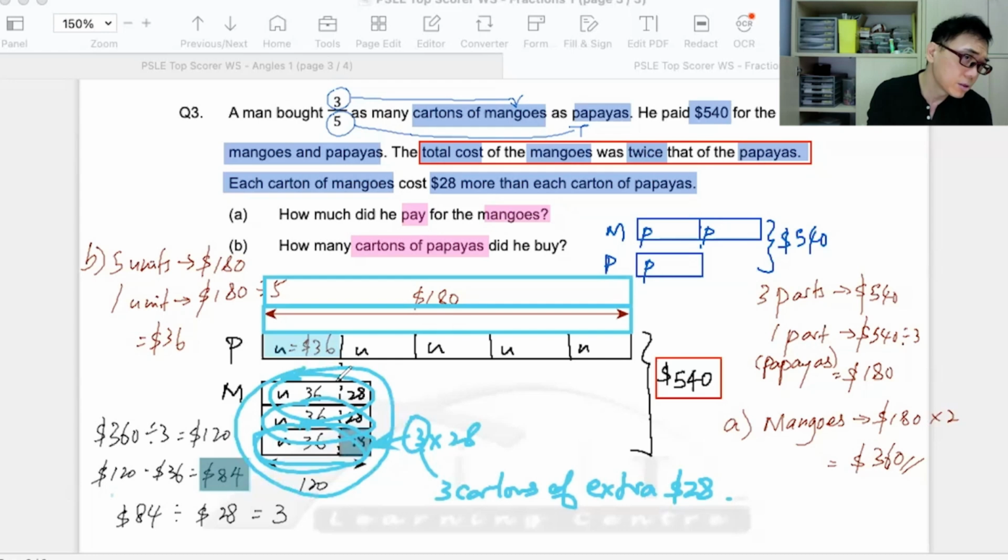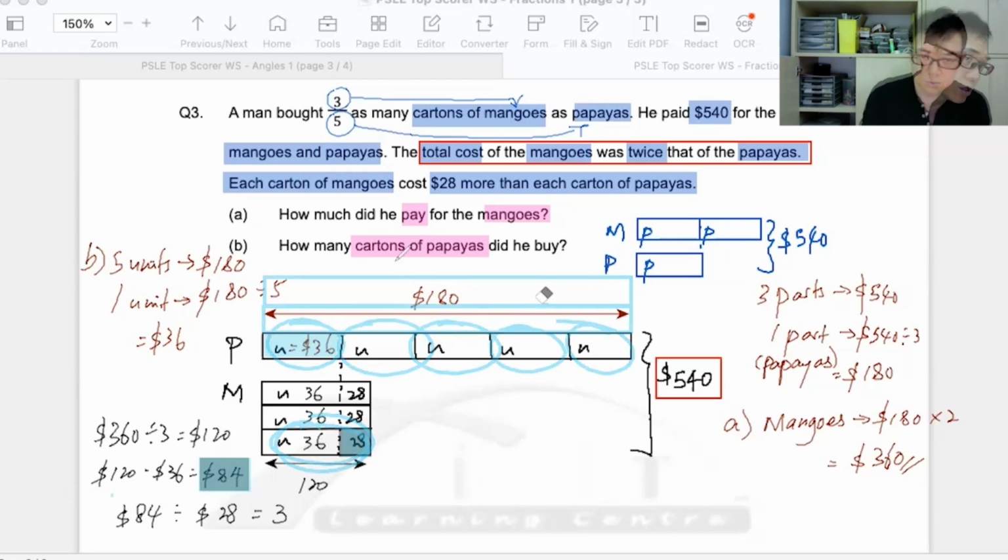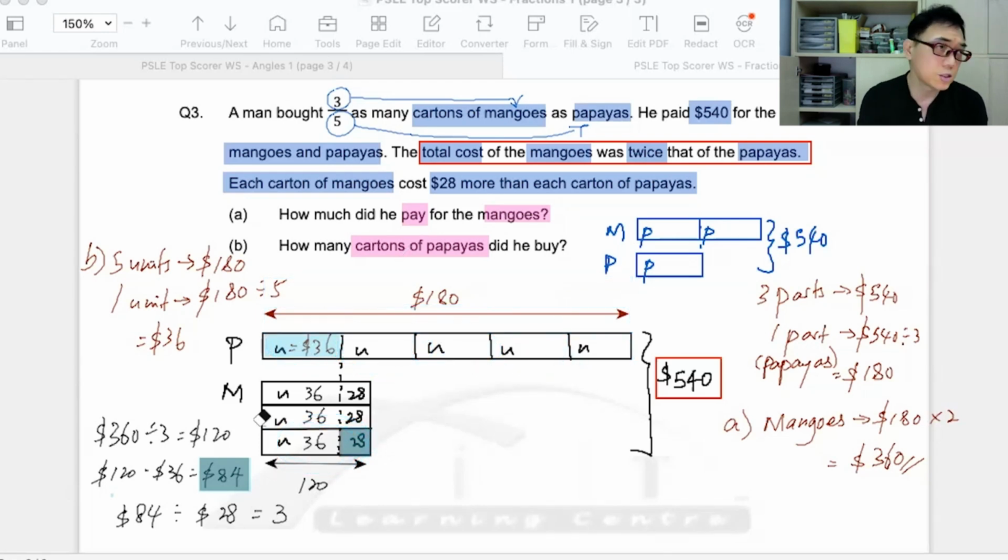Do you understand that? But you cannot just simply say, Varun, that, hey, I'm going to consider this to be 3 cartons, but I will consider this to be 1. That makes no sense. So if this is 3 cartons, then this is 3 cartons. 3 cartons, 3 cartons, and so on and so forth. Okay, so the model actually looks like this now.